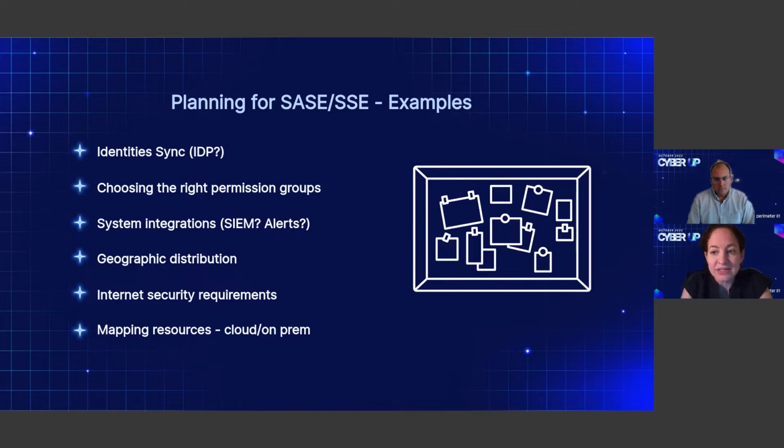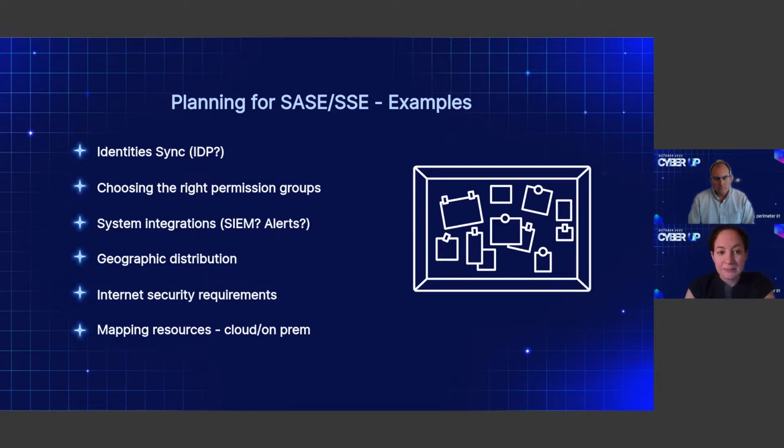A lot of what SASE brought to the world is the awareness that the user and the identity of the user are at the center of everything. And according to the identity, all the access permissions and everything that a user can do in the system will be determined by the identity.